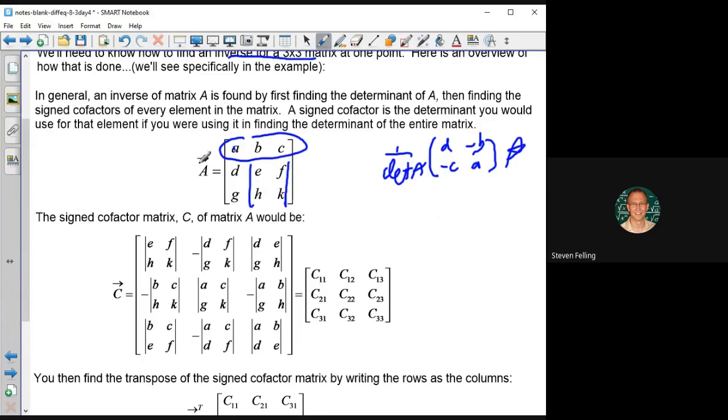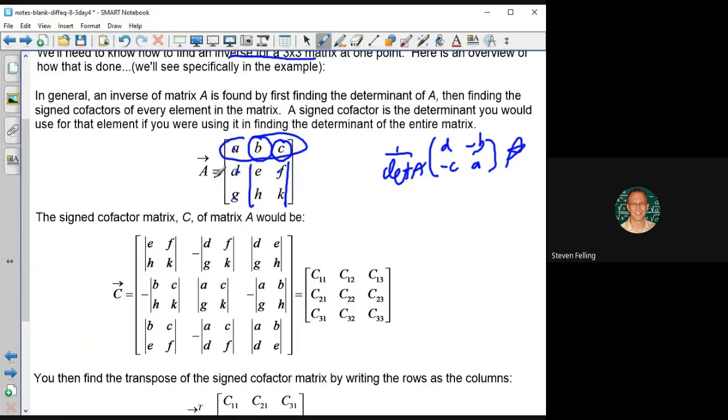For example, for this A here, we would take the determinant where we cross off this row and this column, and that would be the determinant of E, F, H, K. And for this B, it would be the negative of the determinant D, F, G, K, because you eliminate that row and column. And for this C, it would be positive, the determinant D, E, G, H.